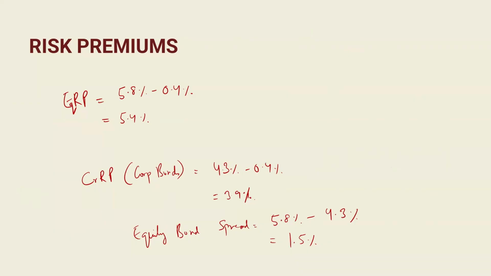So the idea is that even for similar companies, even for the same structure, the same firm, for different asset classes under the same firm, you will expect different risk premiums. It means that if you want to invest in the bonds, you will expect that your real return will be 4.3%.